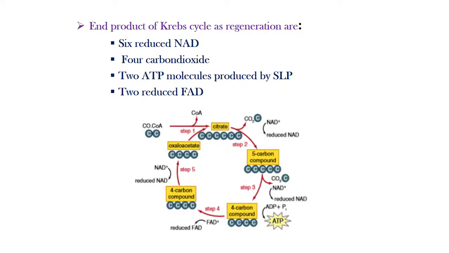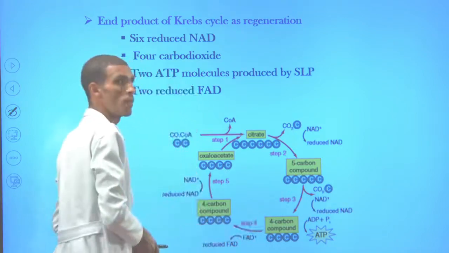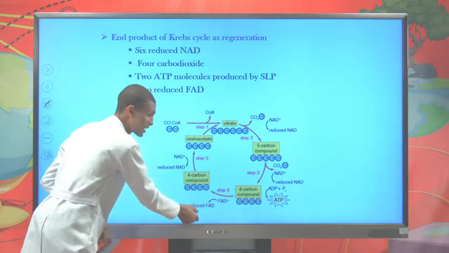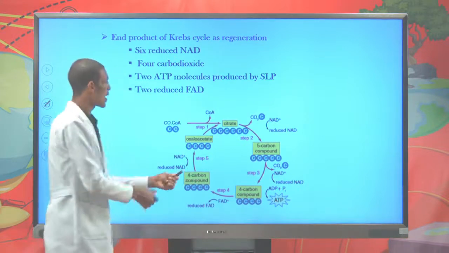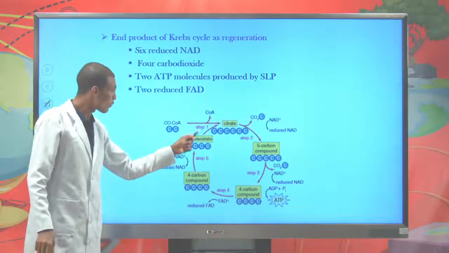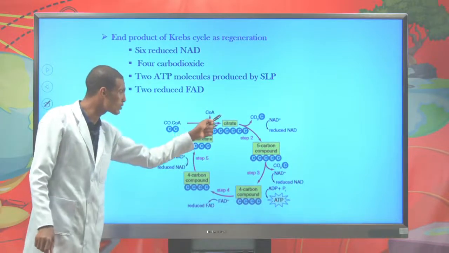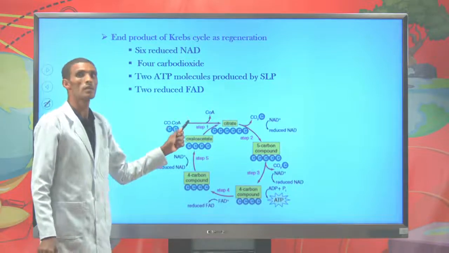Then the 5 carbon compound is further decarboxylated into the 4 carbon compound, which produces FAD, and again further decarboxylation of this one. When this regenerates itself, it reacts with the original acetyl-CoA to regenerate the process again.